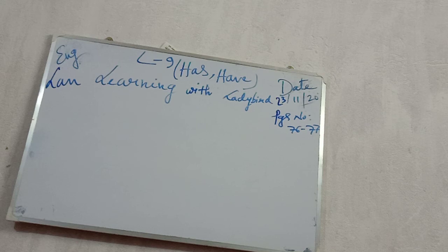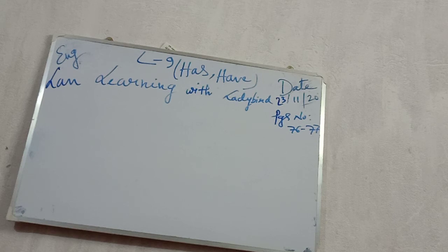Then for showing contraction, don't have: D-O-N, apostrophe T. We have omitted O here and used an apostrophe and T. Then for making a question: do you, we, they have? Then at the end of the sentence, an interrogation mark.